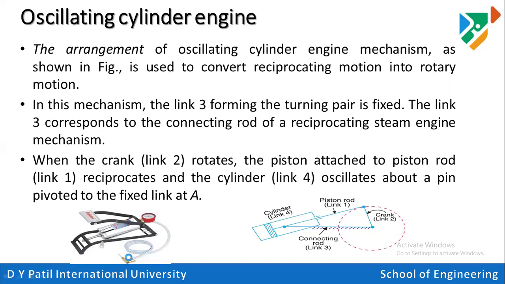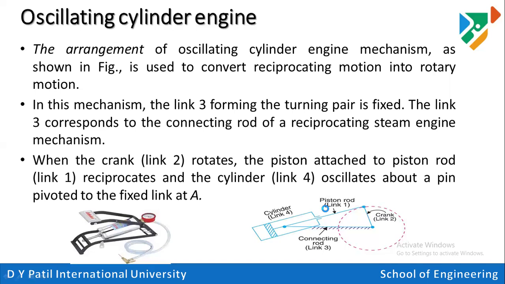So if you look at the arrangement, how many linkages we have? We have 4 linkages. One is fixed, second is the crank, that is, we can say lever. We are just operating that lever. The third is your piston rod, and fourth is the cylinder. Cylinder will oscillate about this fixing. Okay, at the same time, that crank is moving, that piston is moving inside that cylinder, and it is generating pressurized air.